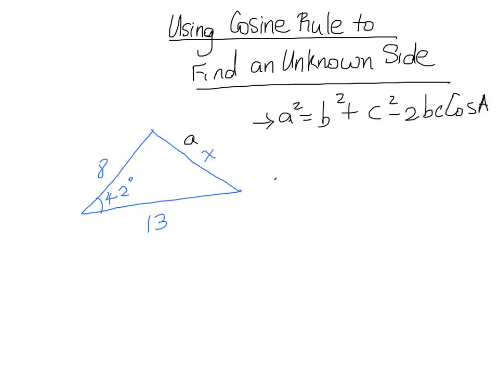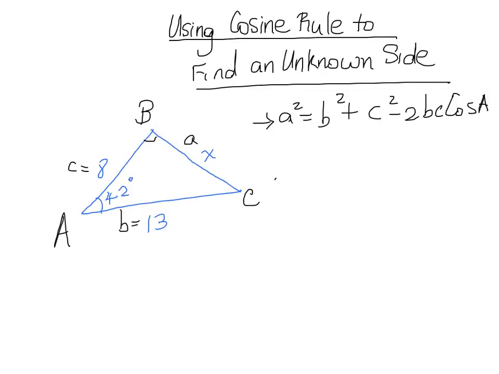If that side is a, then the angle across from it has to also be A. Everything else doesn't matter that much as long as the angles and the sides are across from each other. So angle B would have to be across from side b, and angle C would have to be across from side c. Only one angle is actually relevant in this problem, and that's angle A.